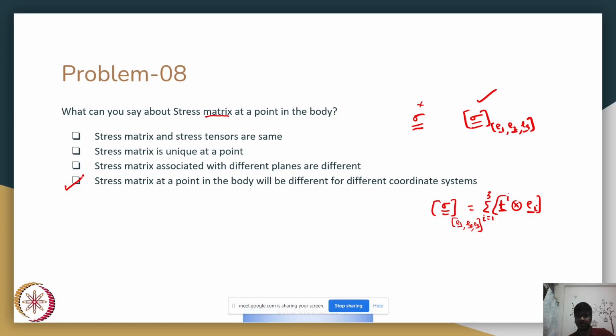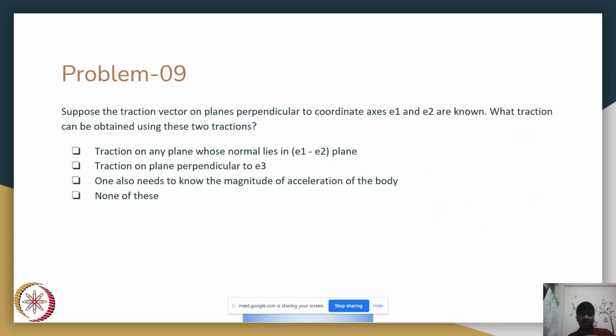So, the ninth problem. Suppose the traction vectors on planes perpendicular to axes E1 and E2 are known. Let us draw that. This is your body. This is your point X. This is E1, this is E2, and the one coming out of the plane is E3.